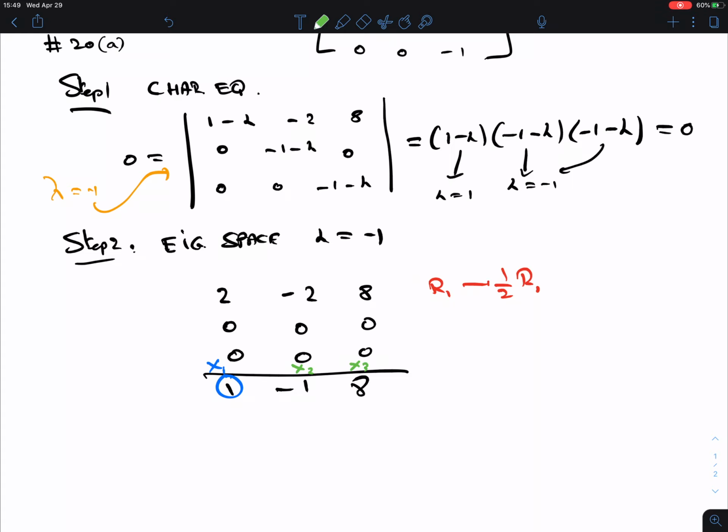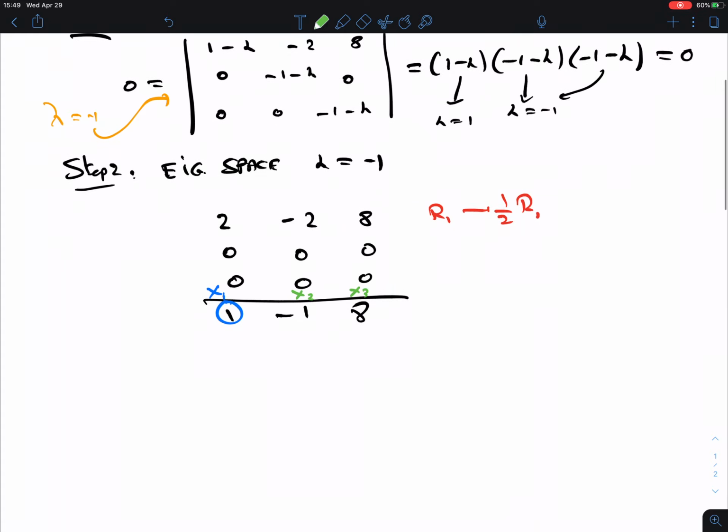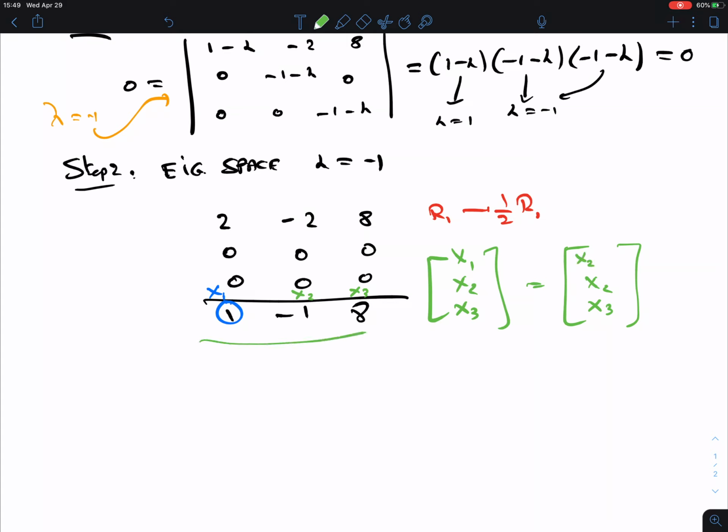Sometimes it might be a bit misleading, you could be confused if there's only one thing like this left. So x1, x2, x3: the last two are just themselves. What is x1? This equation tells me it's equal to x2 minus 8 times x3, bringing it to the other side. So this is x2 times (1, 1, 0) plus x3 times (negative 8, 0, 1). That's my basis vector.